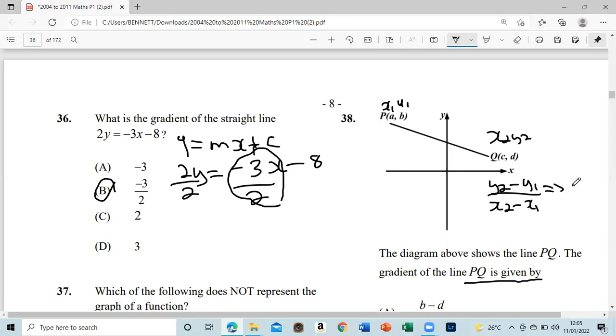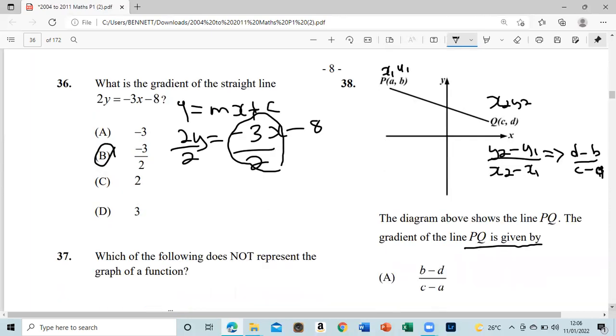So let us proceed now. y2 would be d minus b over c minus a. If you turn it the other way, it can be b minus d over a minus c. Once it's in this order, it's correct, all right?